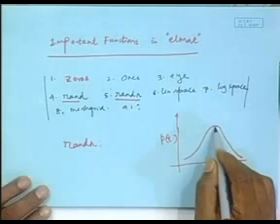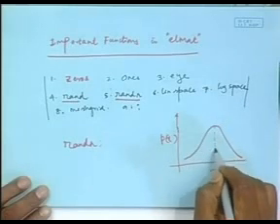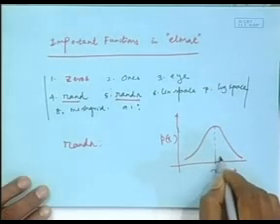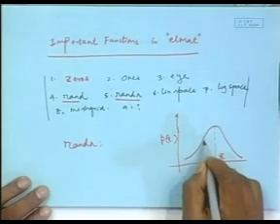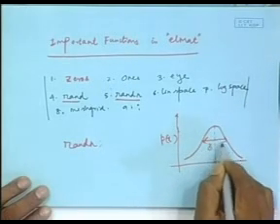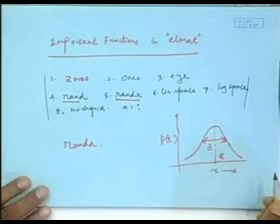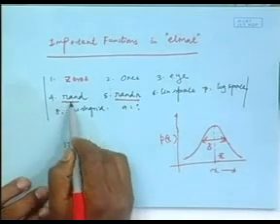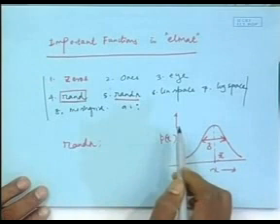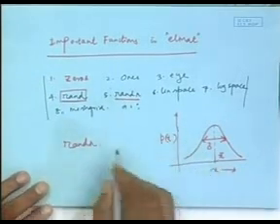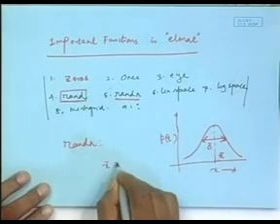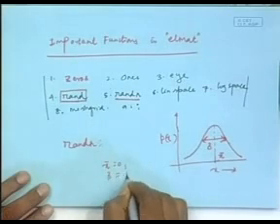It will have some kind of bell shaped distribution, with a mean, let us say x bar, and a standard deviation sigma, right? But rand is a uniformly distributed random number between 0 and 1, and randn will always have mean x bar equal to 0 and standard deviation 1.